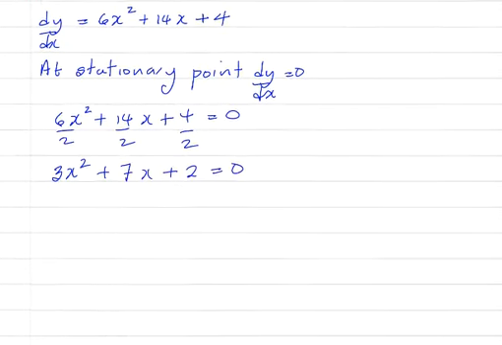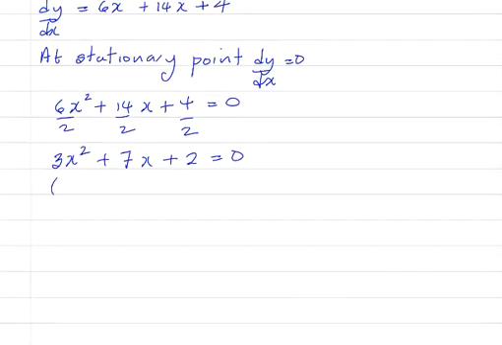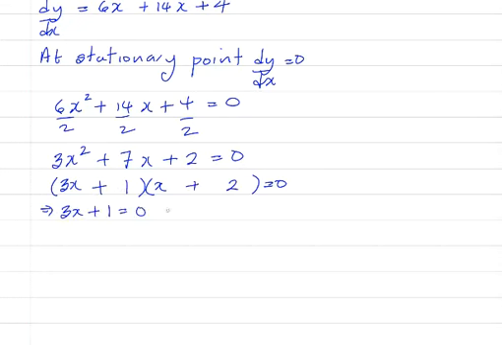Let's solve this equation to get the values of x. So we have 3x here, we have x here, we have 2 here, and we have 1 here, both positive. So therefore 3x plus 1 is equal to 0, or x plus 2 is equal to 0.